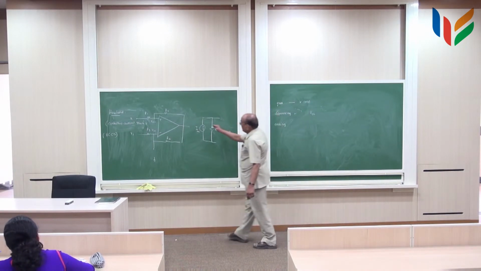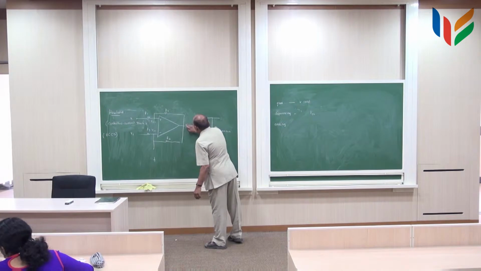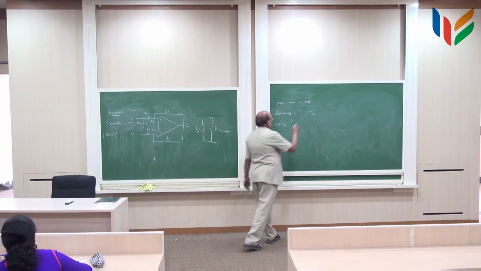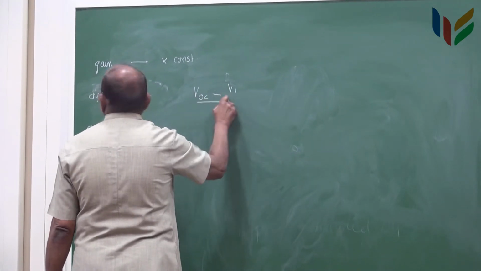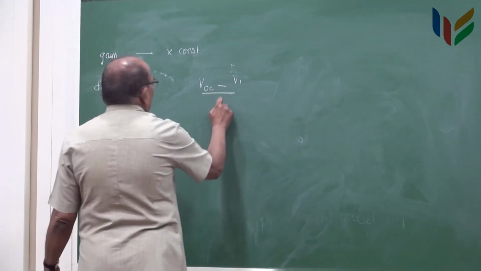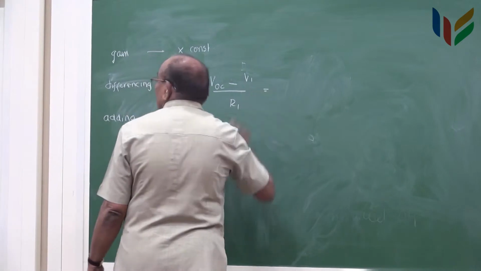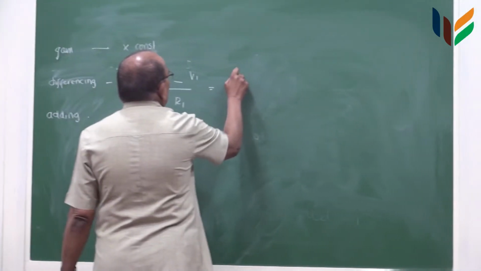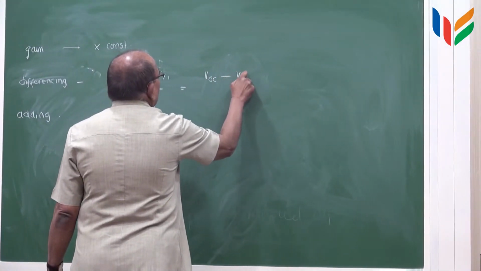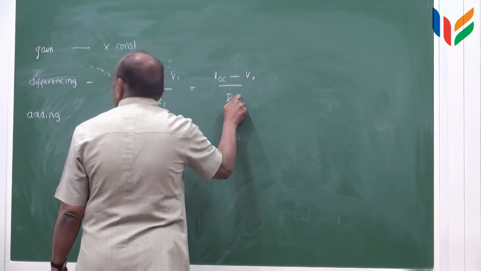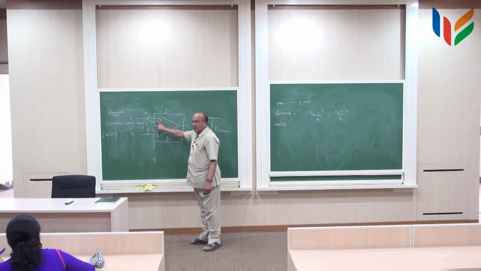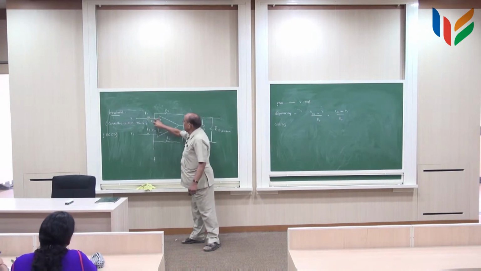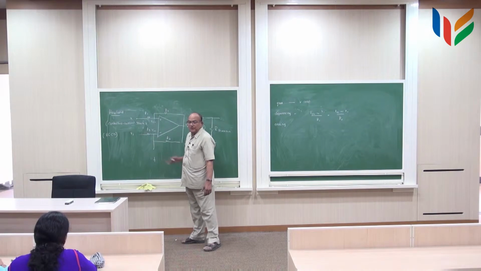V0, if you call this terminal V0, VOC minus V1 by R1 is equal to VOC minus V0 by R2. So no current is flowing into this.